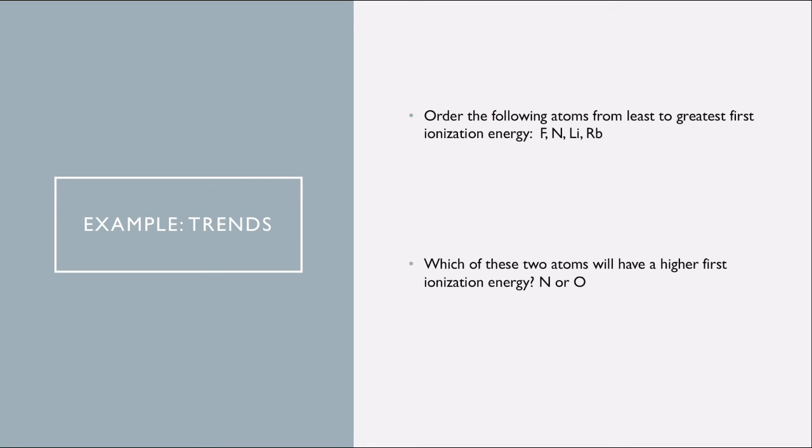So now, since lithium and rubidium are both in group 1, the ionization energy of lithium must be greater than rubidium. So we can just start by putting those two in. And next, we know that ionization energy also increases across a period, and therefore nitrogen must have less ionization energy than fluorine.